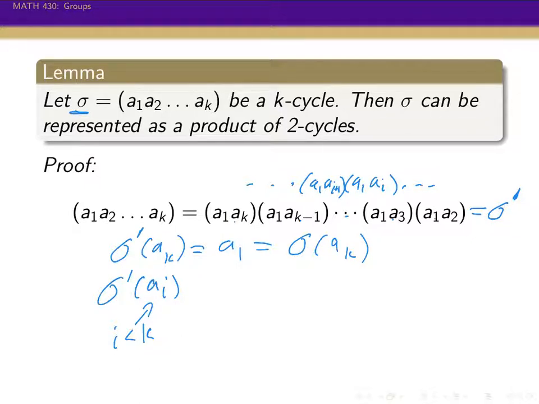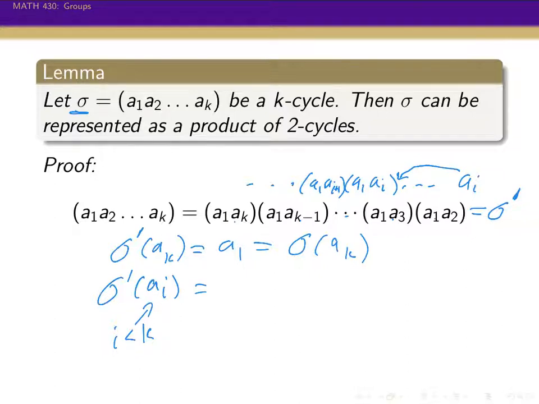These are the only two places where they appear. And so if we apply that all to AI, AI is going to skip over all of them until it gets to A1 AI.